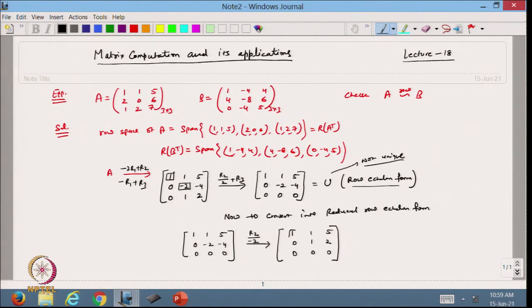Now, the pivot element should be 1, and all other elements in the pivot column should be 0. So, that can be done from here. I will take R2 multiplied by minus 1 and add to R1.